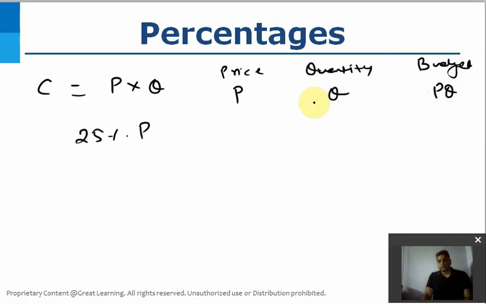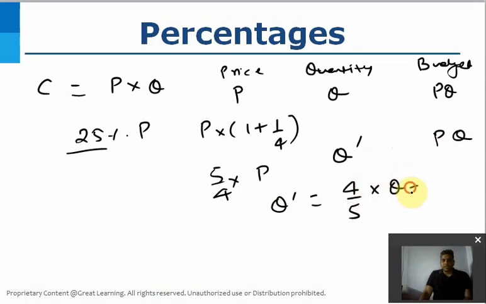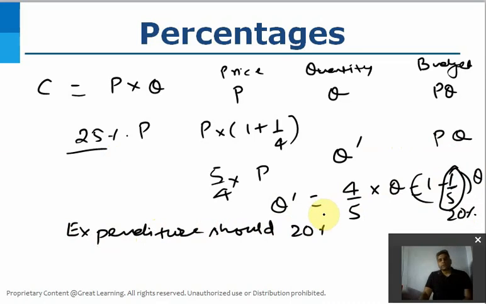I get PQ to spend in a month, and my price P increases by 25%, which is P into 1 plus 1 by 4, so 5 by 4 into P. My quantity becomes Q dash, and my budget remains PQ. So Q dash comes out to be 4 by 5 into Q, which is 1 minus 1 by 5 into Q. 1 by 5 is 20%, so your quantity should decrease by 20%. This is what we learned in constant budget questions.